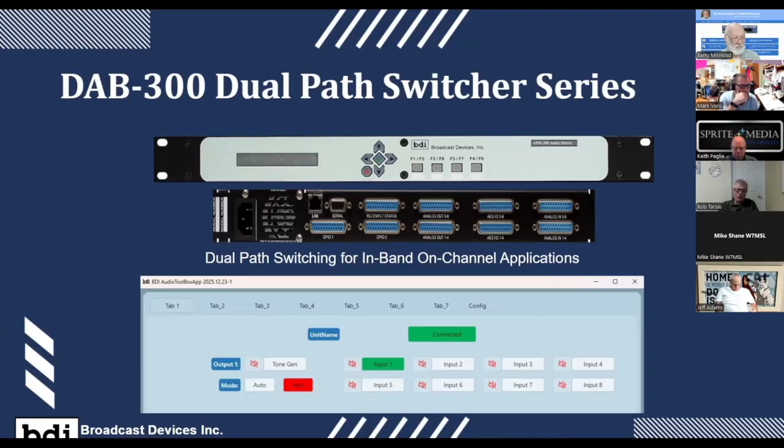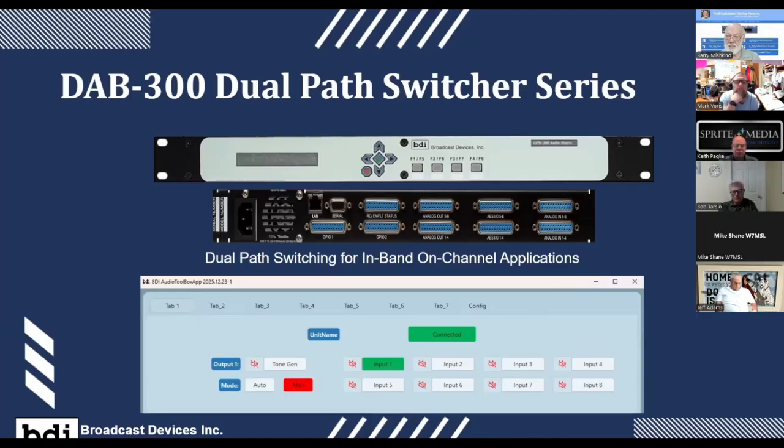And probably the most popular and the most common version of this one, if I remember right, is the DAB 300-4, which is the AES-3 I/O and composite I/O, because a lot of stations were still using baseband composite on their analog transmitters and the AES-3 on the digital transmitters.